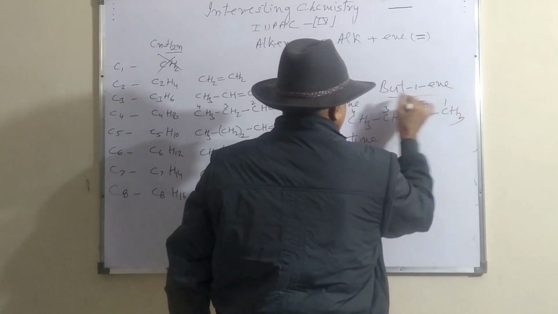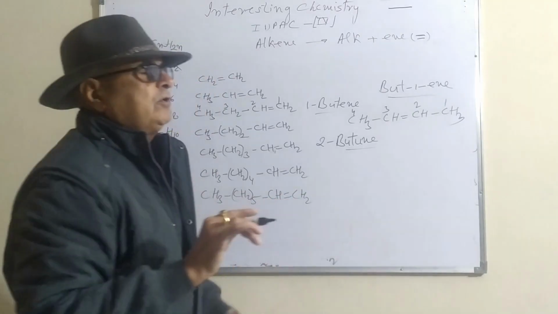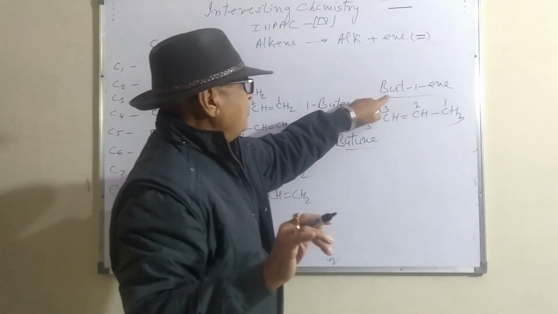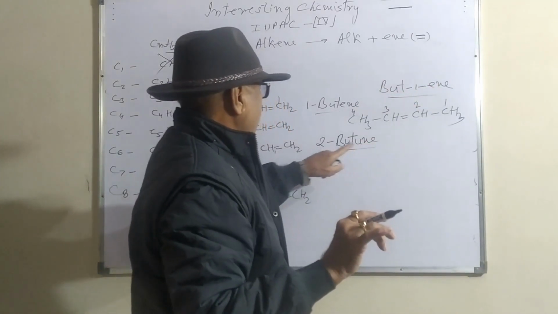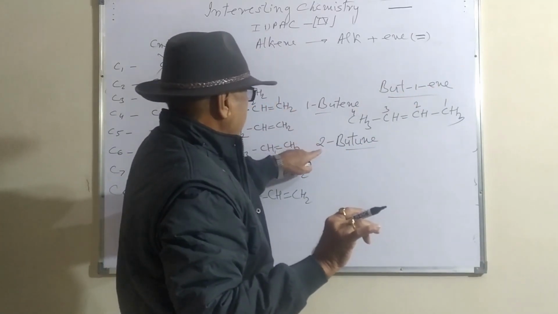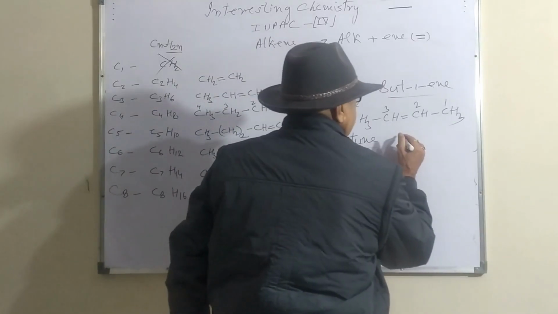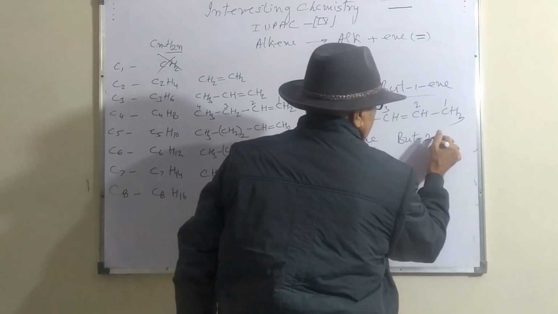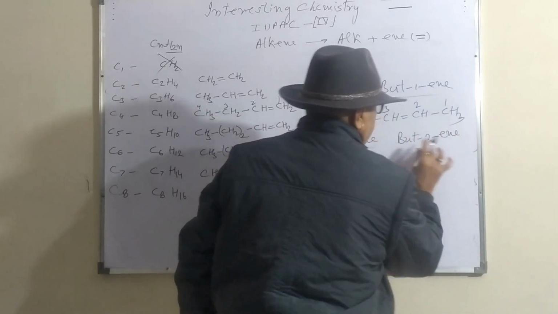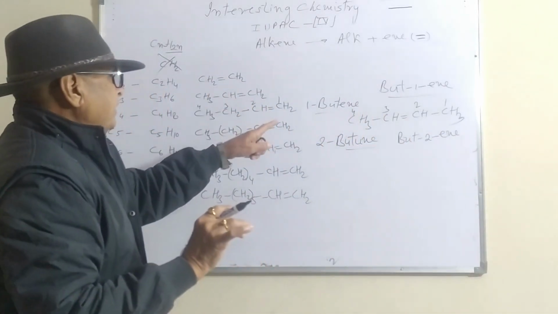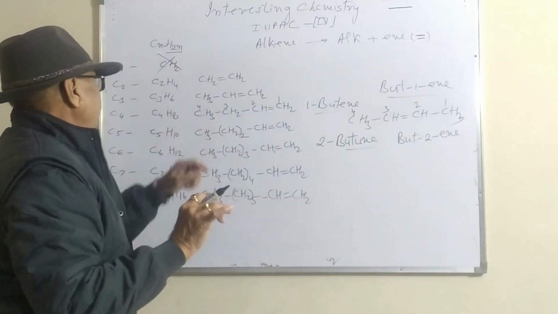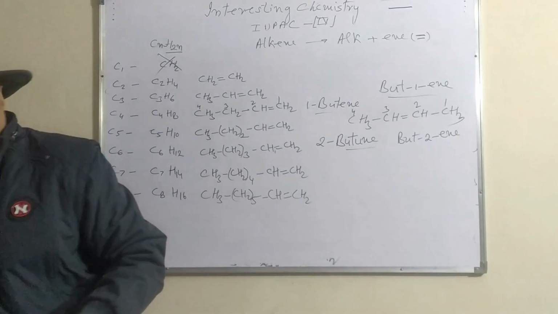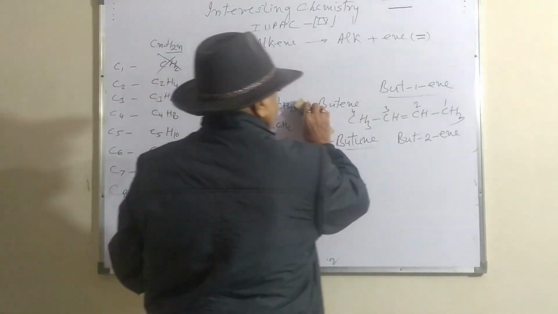The name of butene can be written in two ways: 1-butene and but-1-ene. In the same way, 2-butene can be written as but-2-ene. So there are two types of butene, 1-butene and 2-butene. The third one is pentene.